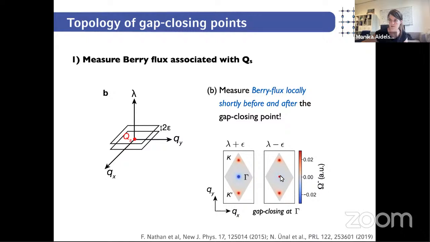Whether it turns from red to blue or from blue to red is governed by the sign of the topological charge, which is either plus or minus 1. So by figuring out what happens with the Berry curvature at the gap closing point, we can understand how the topology of the band changes.